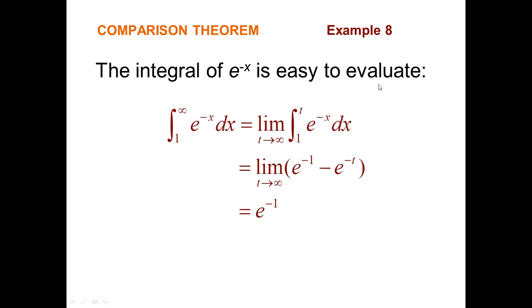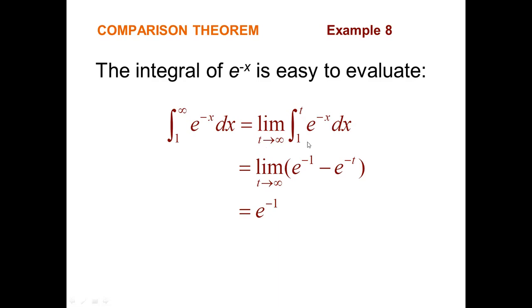So we can use its integral in place of e raised to negative x squared. So, I just replaced negative x squared with negative x. Then I will evaluate the limit of the integral where the infinity here will be replaced by t, and that's the value to which your limit variable is going to approach. So you have this.